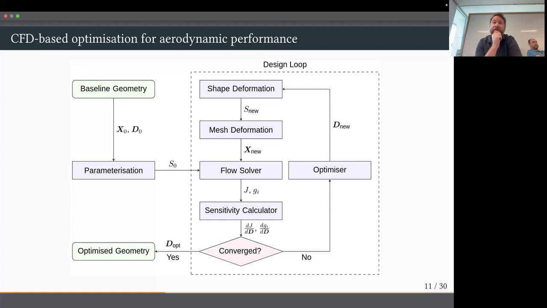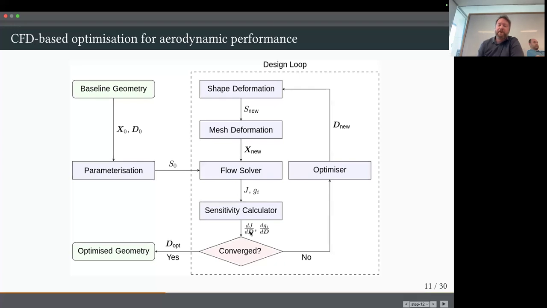We often like to minimize it, though it could be maximized. If we want an efficient way to use optimizers, and you do have gradients, it is to take that performance measure and see its sensitivity to all your design parameters.